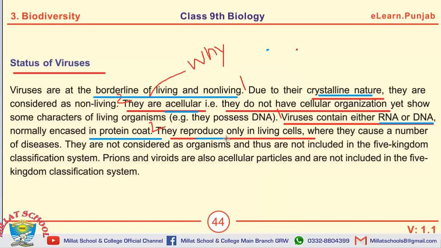Viruses can reproduce only in living cells. Viruses can cause diseases. Viruses are not included in any of the 5 kingdom systems of classification. Prions and viroids are also acellular particles.